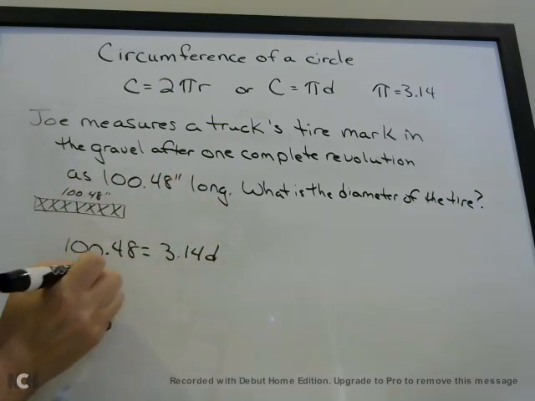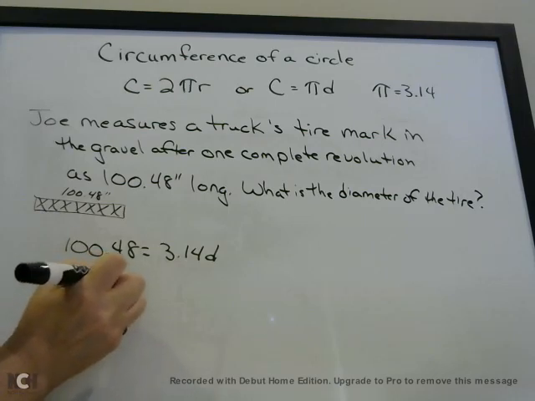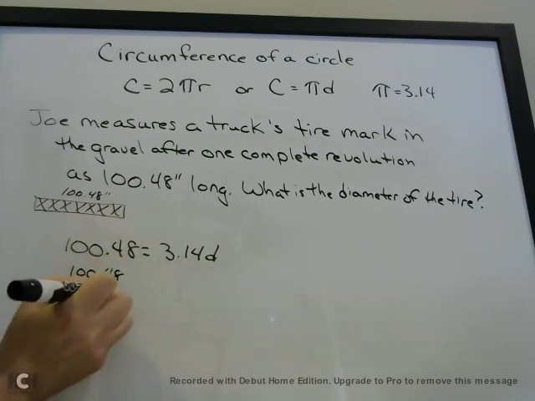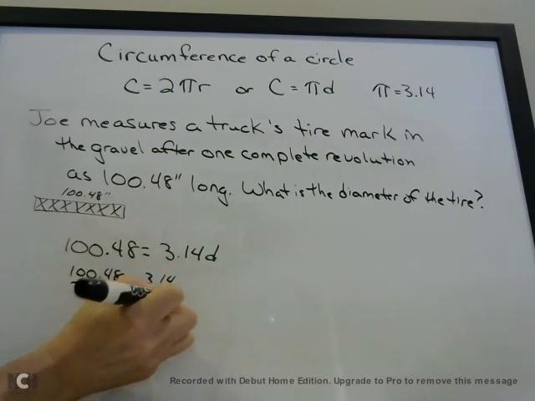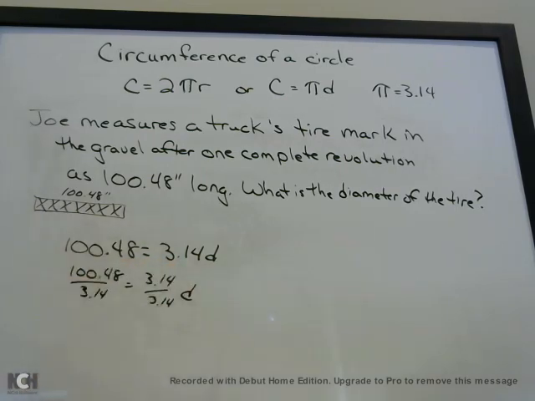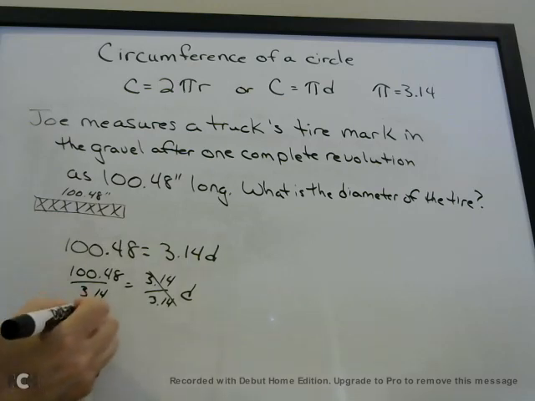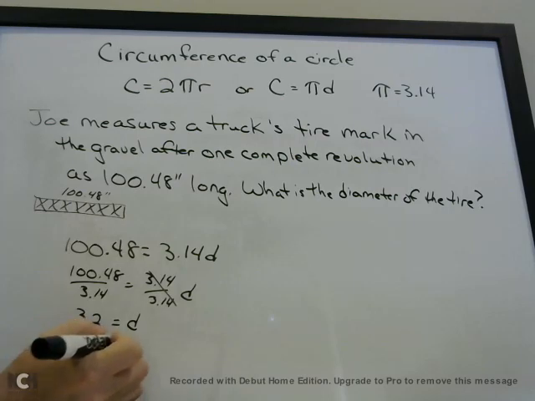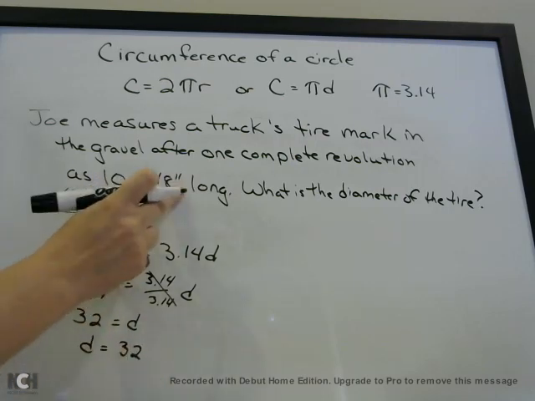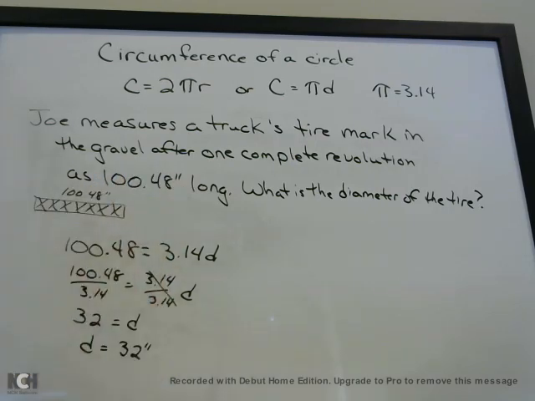We're going to divide each side by 3.14. This cancels out. So 100.48 divided by 3.14, you plug that into your calculator, and you're going to get 32. So the diameter is 32 inches.